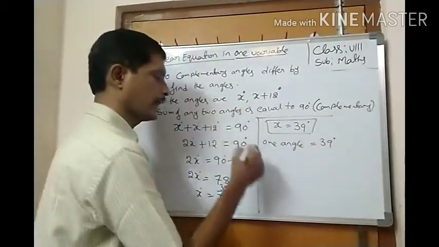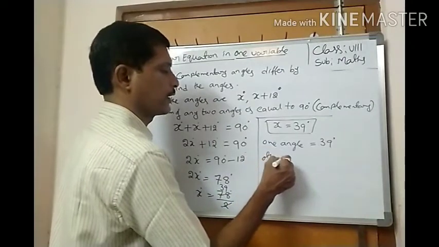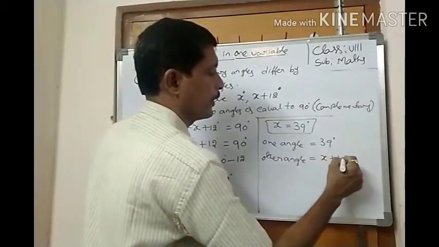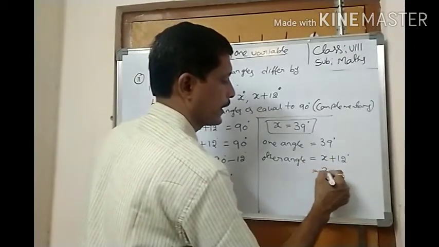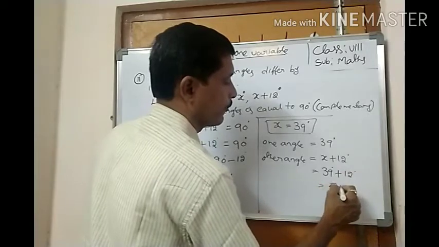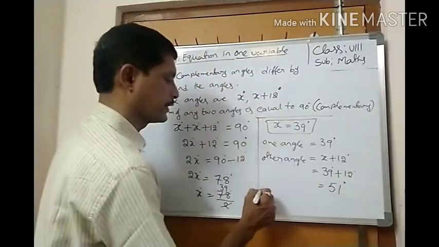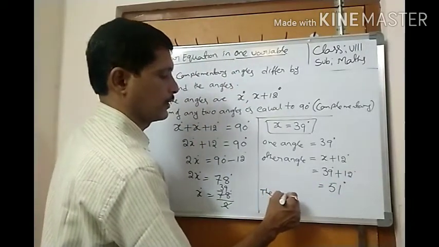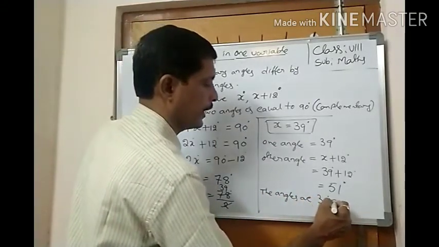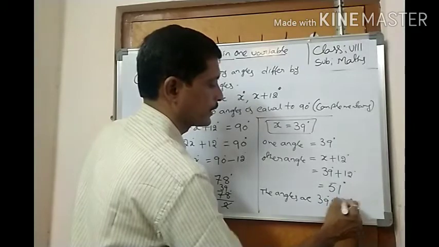Next, the other angle equal to x plus 12 degrees, that equals 39 degrees plus 12, that equals 51 degrees. The angles are 39 degrees and 51 degrees.